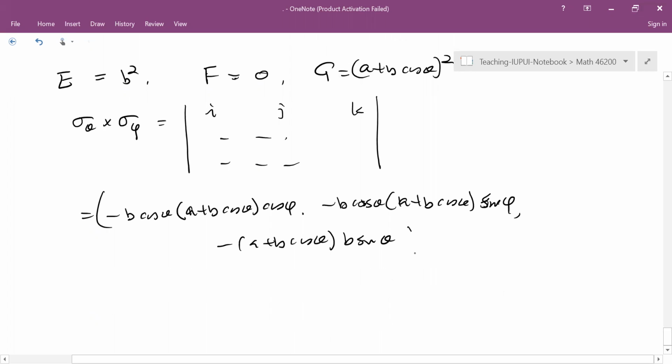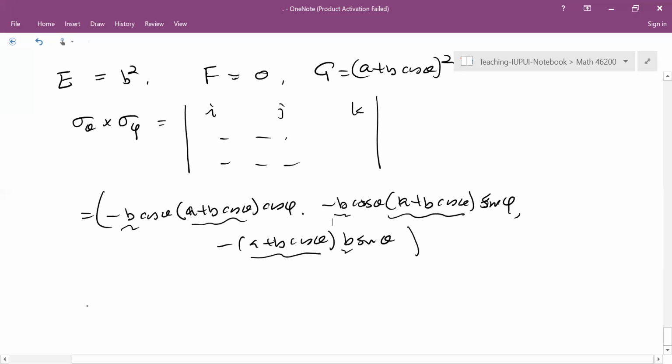So the normal vector will be, this has to be taken out, this should be removed, and also the b is going to be removed.